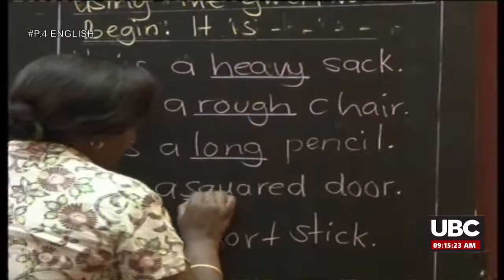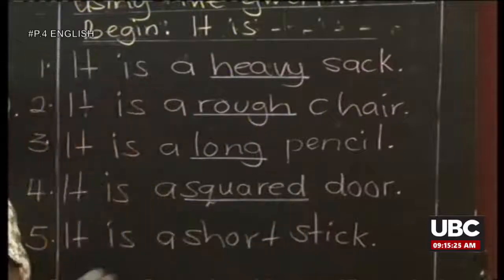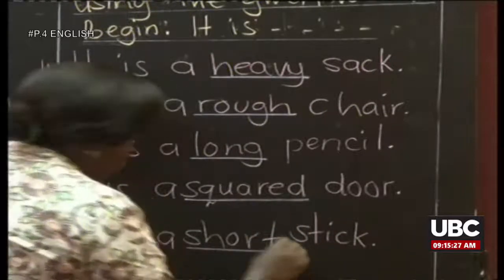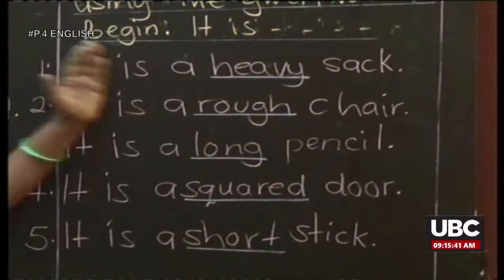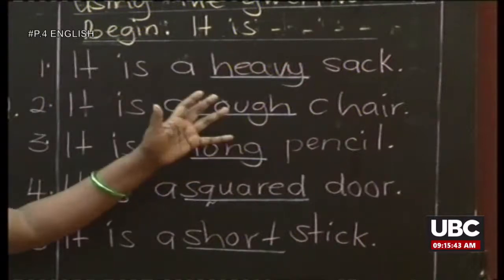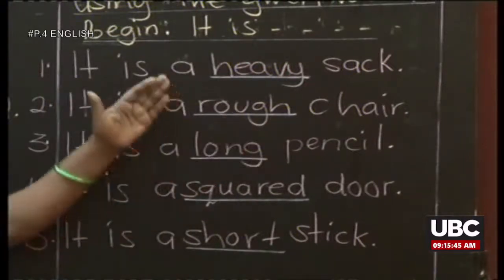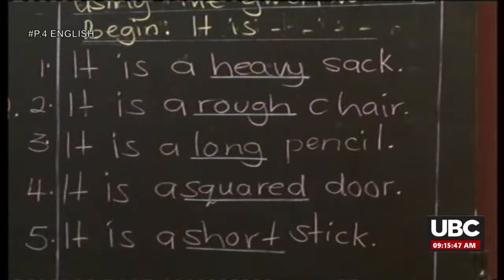Next, squared. And also short. All our adjective words come from the category we gave, what we consider when we are describing the objects, when we are describing the nouns which are all objects, not people. So all these words came from our list.